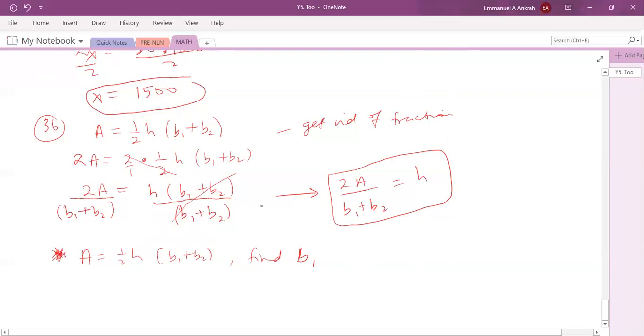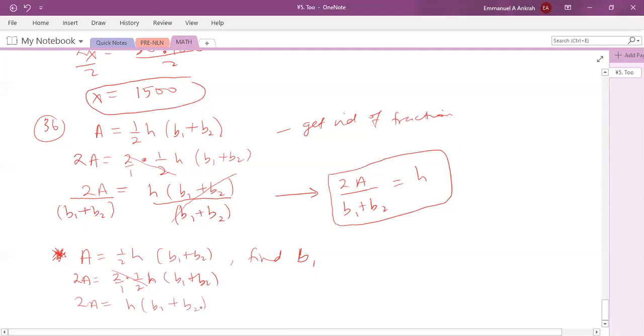So to do this, we can do the same thing. Get rid of the fraction first. So multiply both sides by 2 to get rid of the fraction. 2 times 1 over 2H. So we can do 2 over 1, so that this will cross out. So you have 2A is equal to H times B1 plus B2.